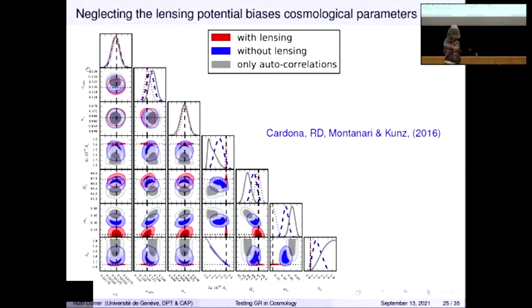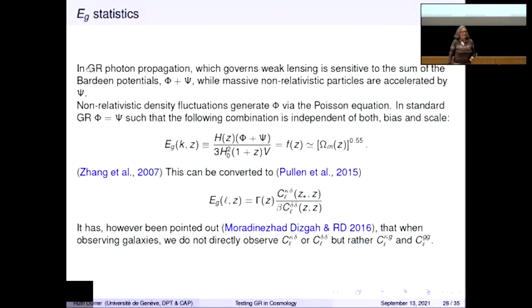If you take into account the lensing term, you don't get super good limits on your neutrino mass, but at least it's compatible with the input value. So what of course we all know is if you analyze your data with the wrong theory, you get wrong parameters on your wrong theory. It's not very surprising.